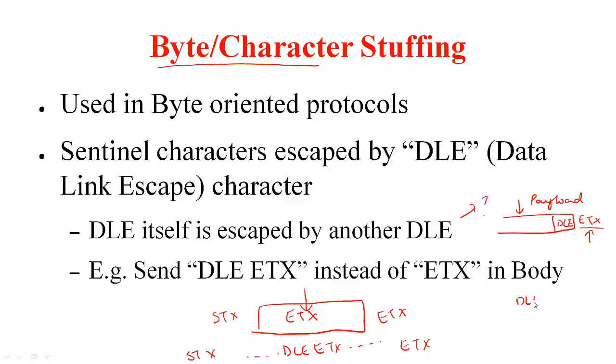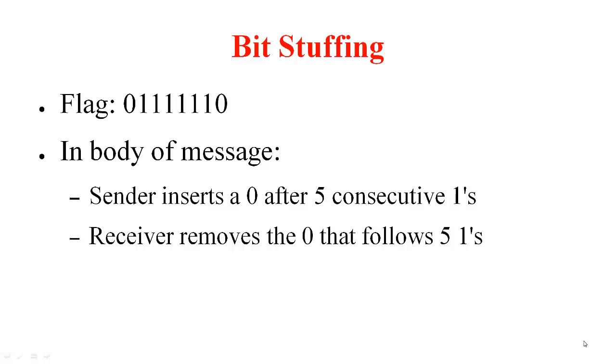If you have DLE ETX as part of the payload, sorry, this is ETX as part of the payload, what you are going to send is DLE, DLE, DLE, ETX. So this DLE is escaping this DLE, this DLE is escaping the ETX.